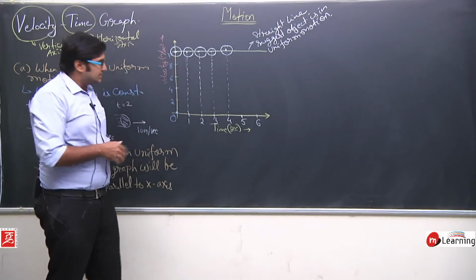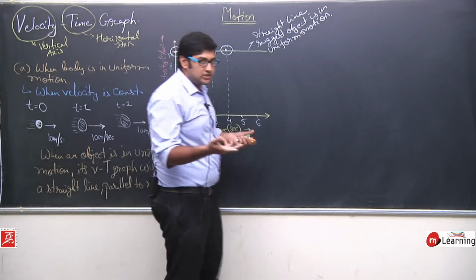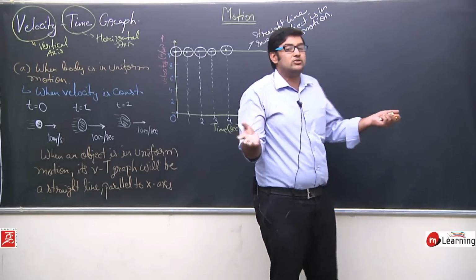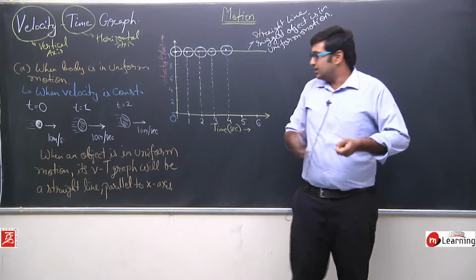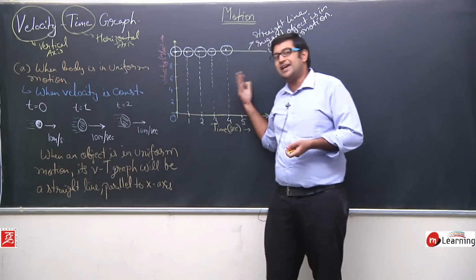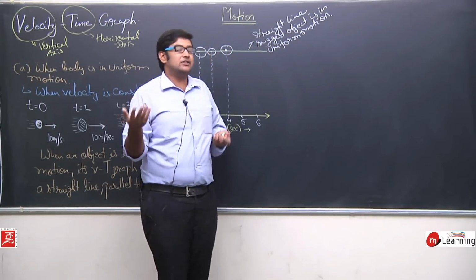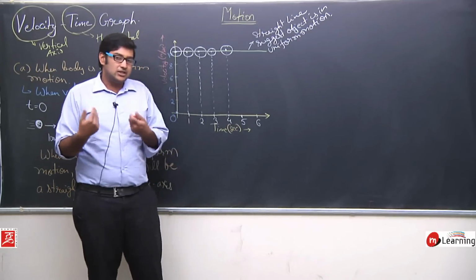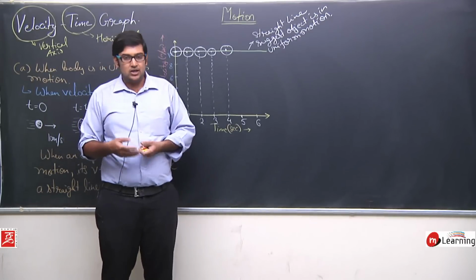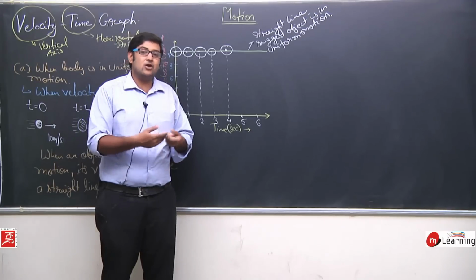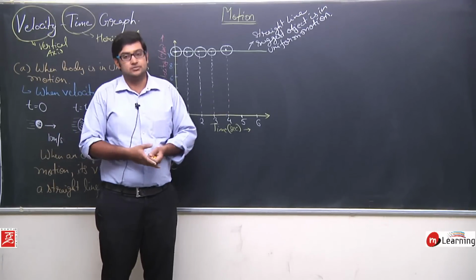What we can see, since the object is in uniform motion, its velocity is not going to change till infinity. If it is continuously moving in the same direction, it is going to move with the same speed, and there is no change in the velocity. Its velocity will remain constant throughout its motion.